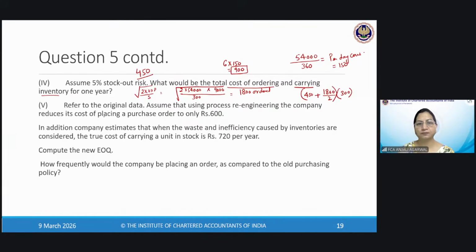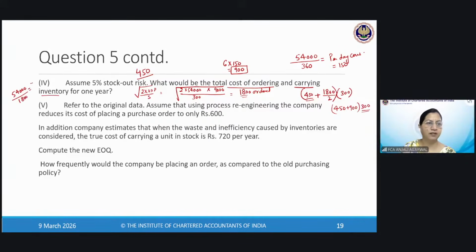So carrying cost will be for 1800 divided by 2 into 300 as per EOQ. But because we are also keeping a safety stock of 450, so 450 plus 900 units will be kept in stock. This will be your total ordering cost, carrying cost, and placing cost. The ordering cost will be the same. 1800 units are ordered, 54,000 divided by 1800.